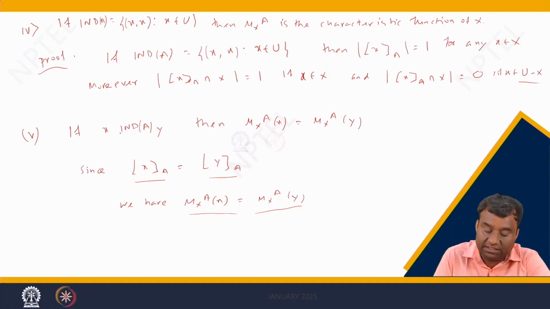So if x is indiscernible from y, then these two are equal, hence we have these two also equal.